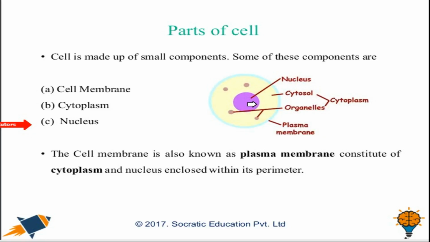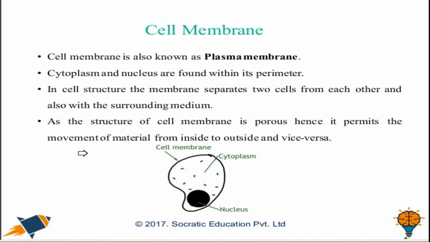The nucleus resides in the center of the cell, and the cell membrane, also known as plasma membrane, encloses the cytoplasm and nucleus within its perimeter. It means inside the cell. The structure of the cell membrane is porous and it permits the movement of material from inside to outside and vice versa.